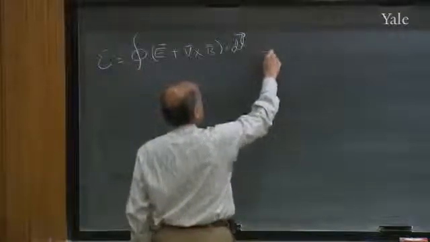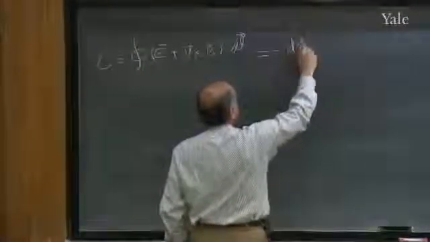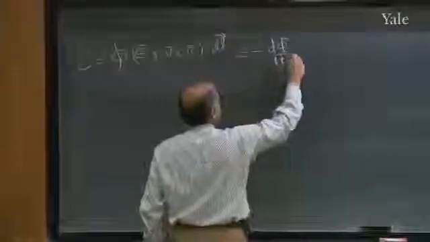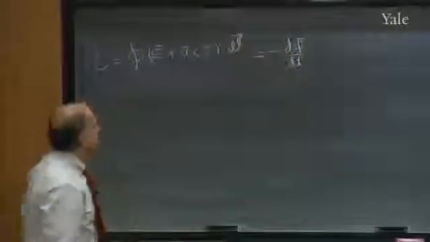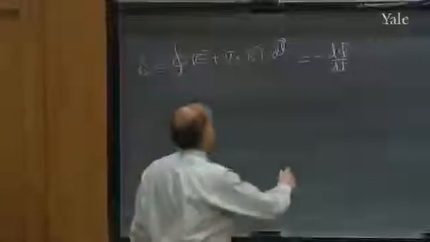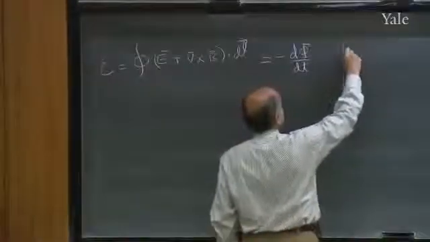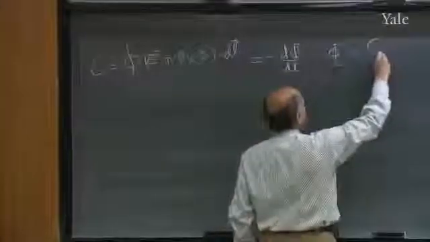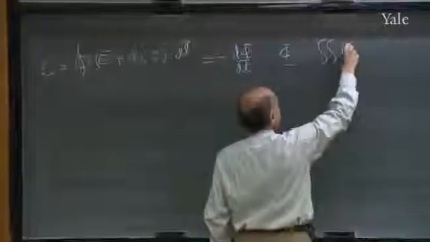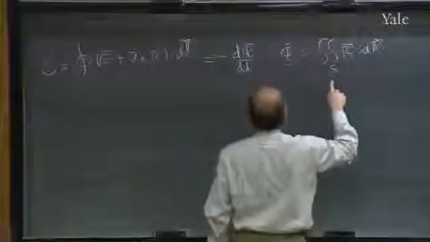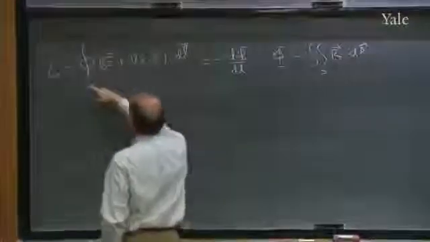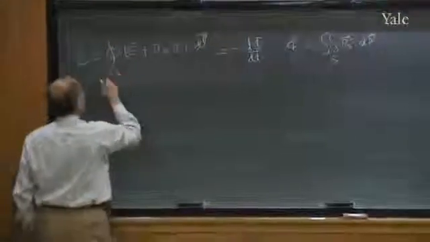That is equal to minus the rate of change of flux through that loop. And the flux is defined as follows. The flux is just the integral of the magnetic field over an area whose boundary is this loop. So this loop is a boundary of that.